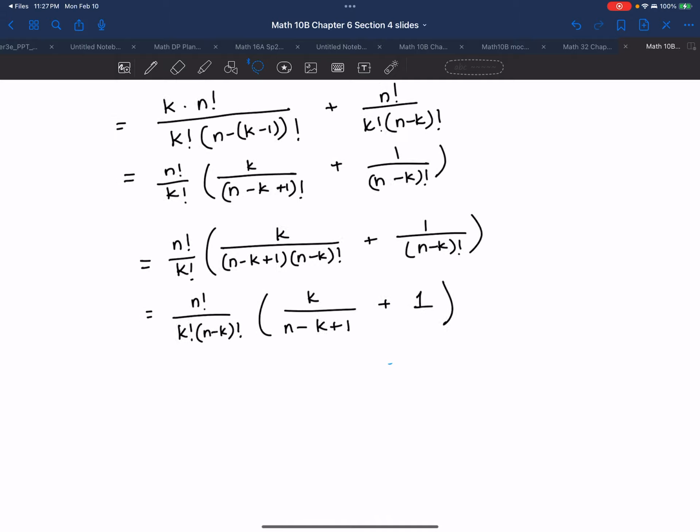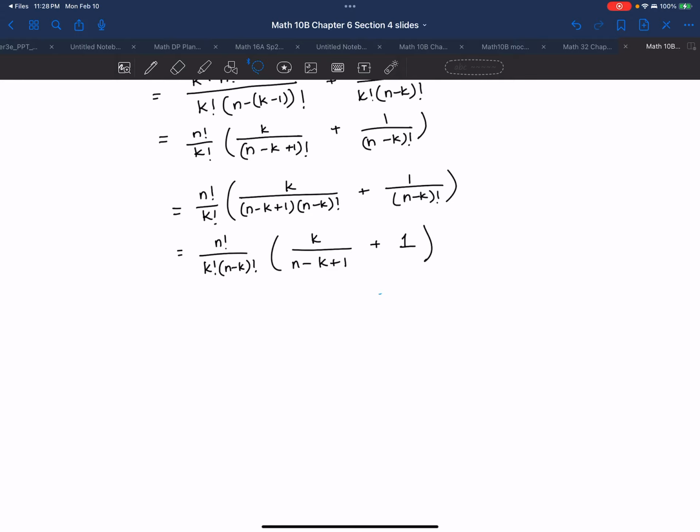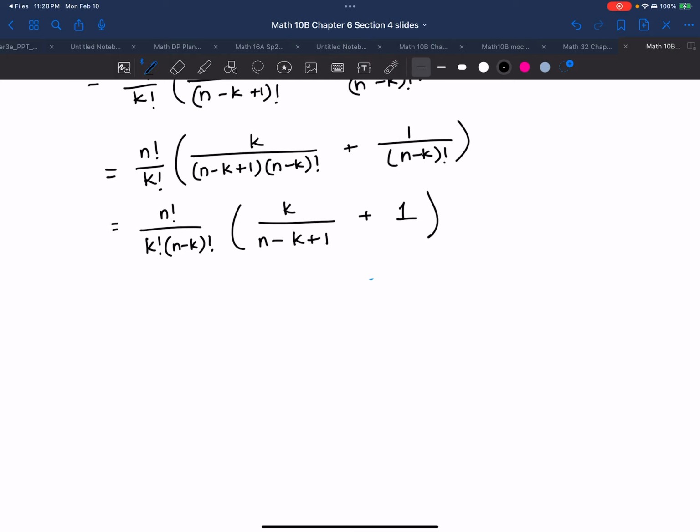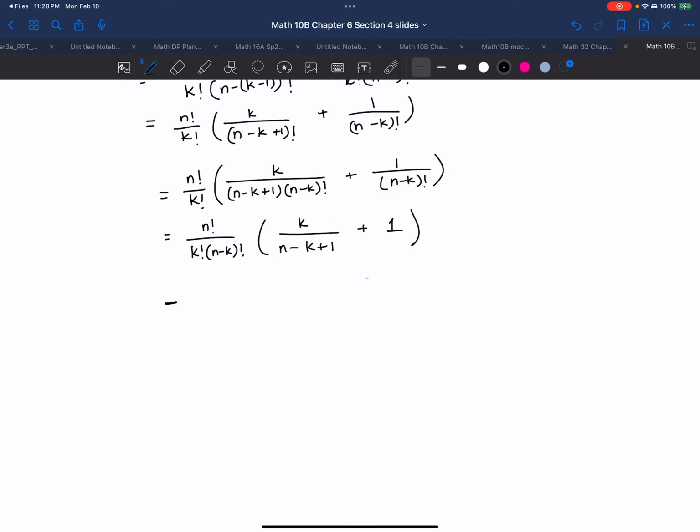So we're getting closer here. And I think what I want to do at this point is have my n factorial, k factorial, n minus k factorial, times, now let's get a common denominator.